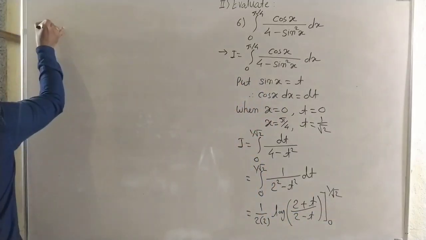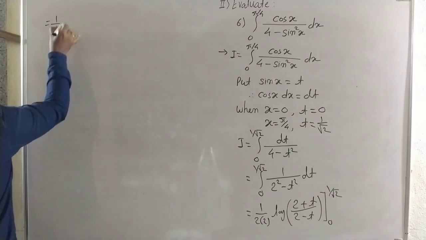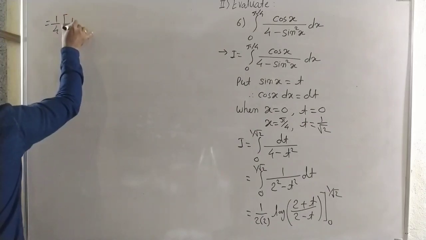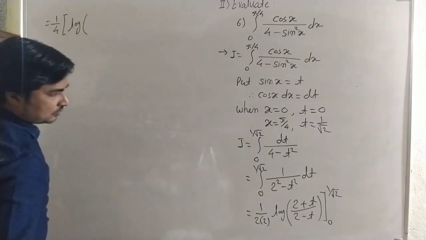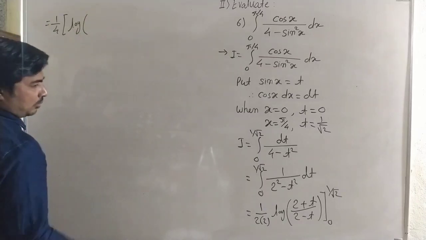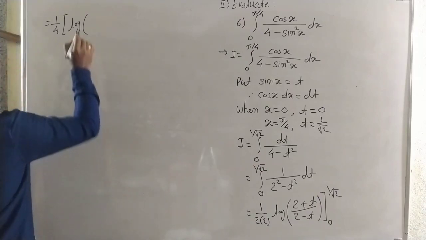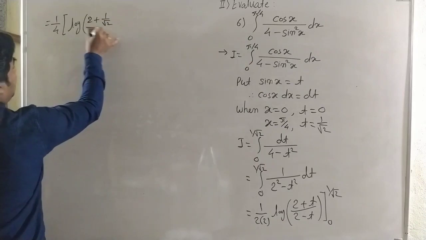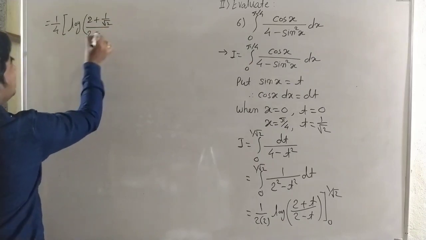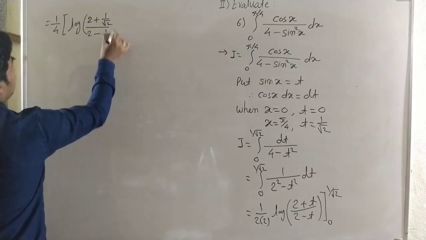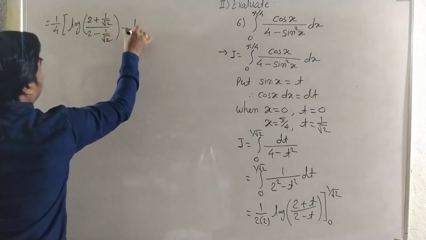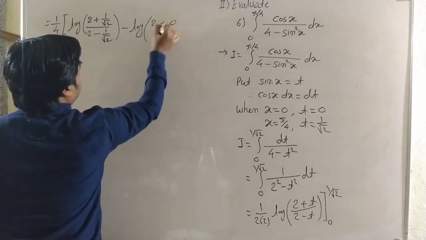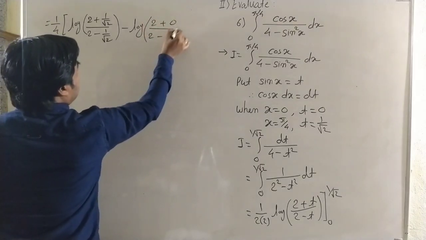Now here it is 1 by 4 into log of 2 plus t. First we put the upper limit, that is 2 plus 1 by root 2 upon 2 minus 1 by root 2. Upper limit minus, put the lower limit, log of 2 plus 0 upon 2 minus 0.